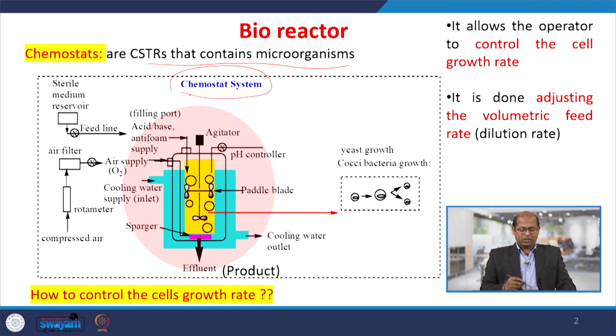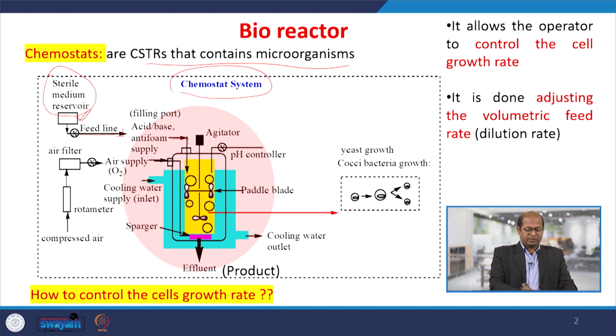What are the feed lines and components? A sterile medium is used, held in a reservoir, and fed in through controlling units or a flow control valve. With that we can change the feed rate entering the reactor, that is, we can control the volumetric flow rate.